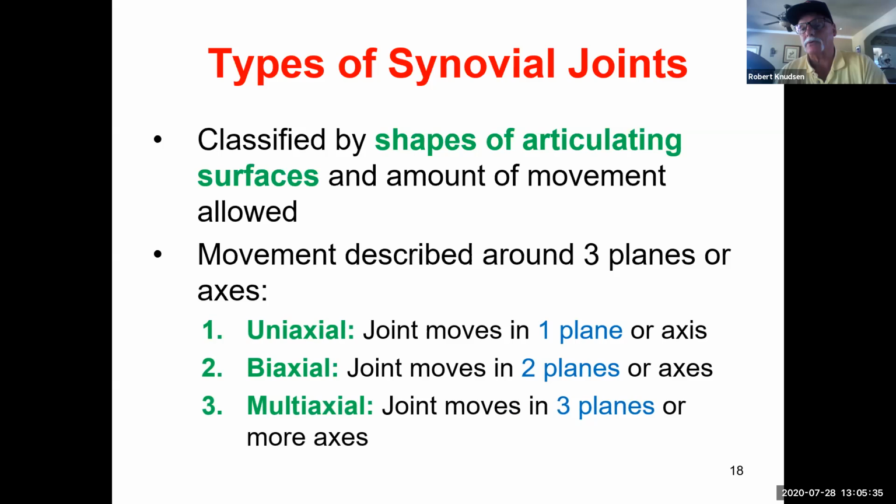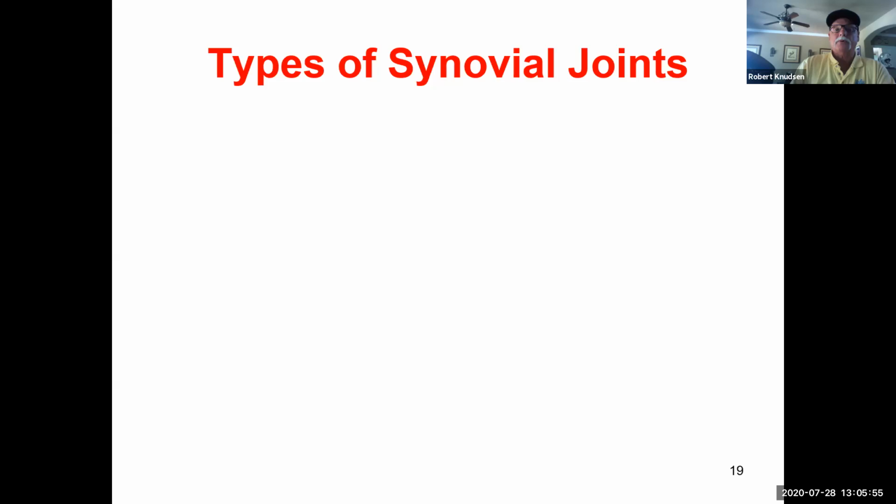And we have examples of those. Elbow, watch your elbow. That's the only thing the ulna can do. It can only go this way. It doesn't do this. That's the radius that does that. It does this. Uniaxial. Got it? Okay. I'm going to show you more of those.